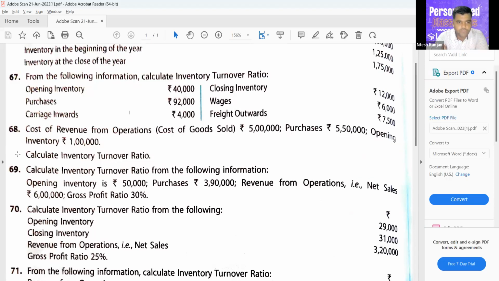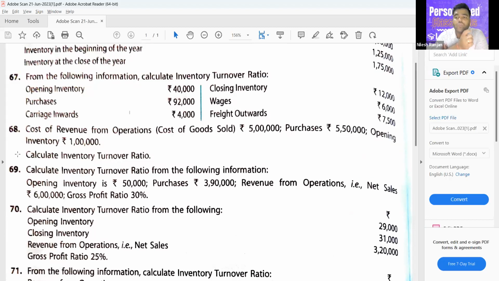Okay, so the first thing is opening inventory is given, purchase is given, revenue from operation, that is net sales, is also given, and gross profit ratio. For calculation of inventory turnover ratio, we need cost of goods sold and average inventory, which we don't have, because there is no closing stock even.